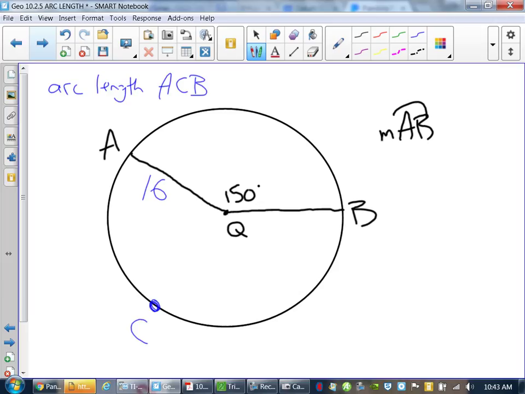Now, if we start talking about the arc length, what do you do for the arc length? We have to go which direction though? What's the central angle for ACB? It's 210. Guys, what happens here is that it's going to ask you questions where you have to reread back and forth.